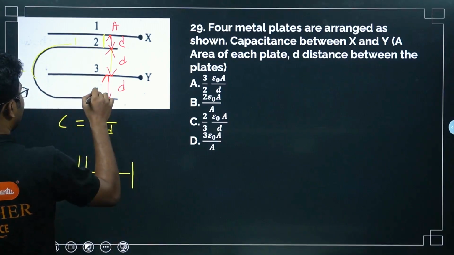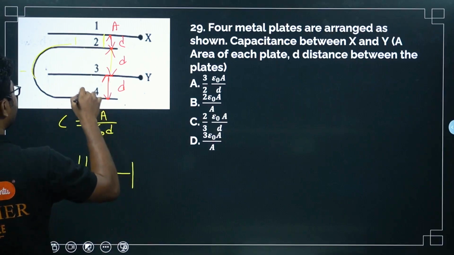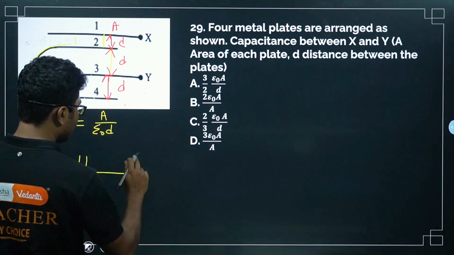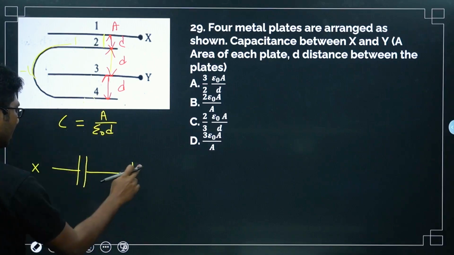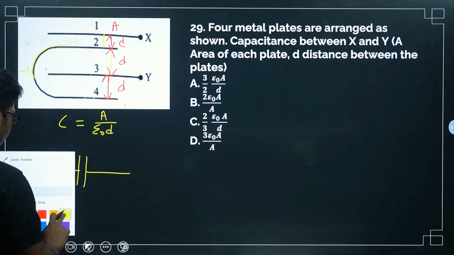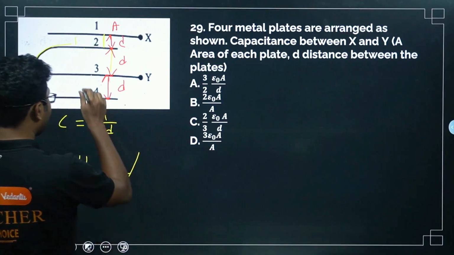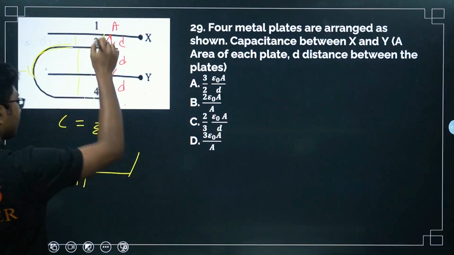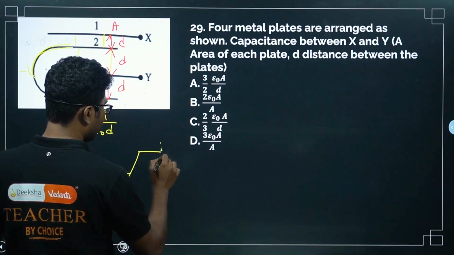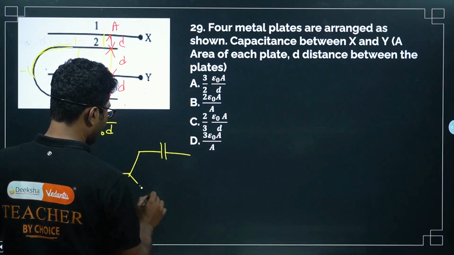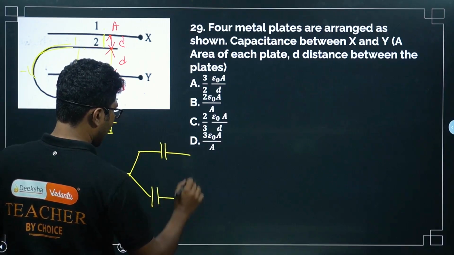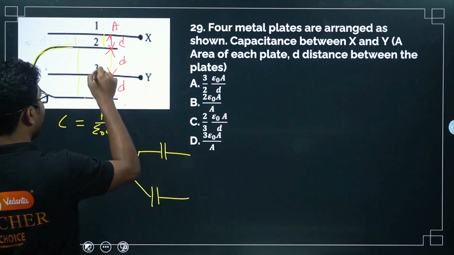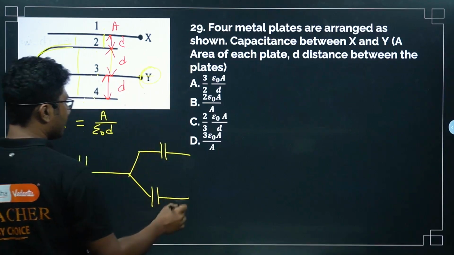So both of this end is connected to this end, right? So what we can draw is, instead of drawing like this, we have to draw them like this. This capacitor as well as this capacitor, both are connected to this side, and both of them have another common port, that is Y.